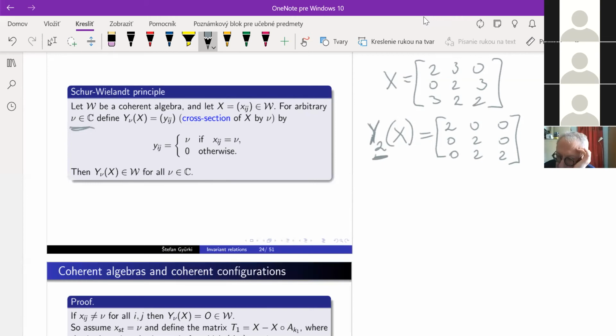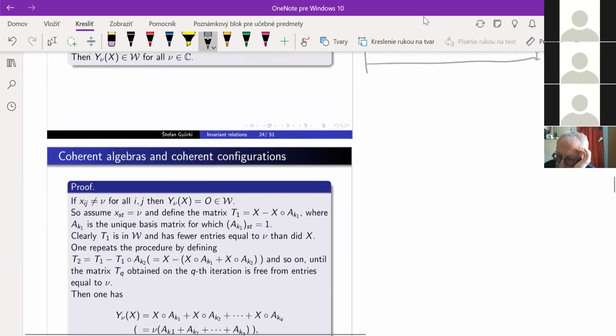This principle says that if you do this cross-section, then this matrix also belongs to the coherent algebra.